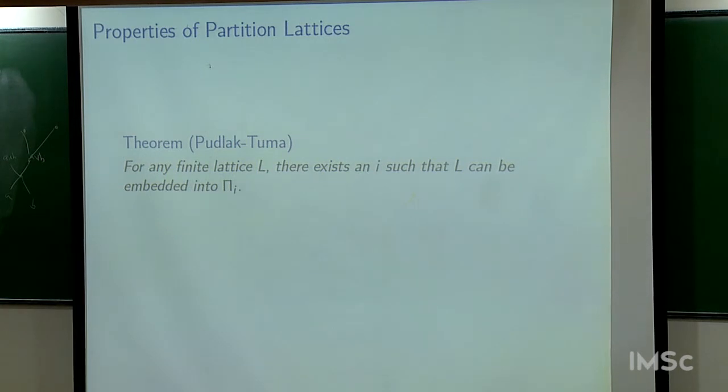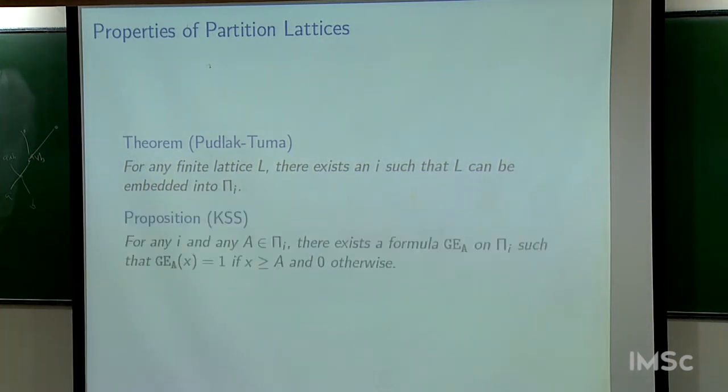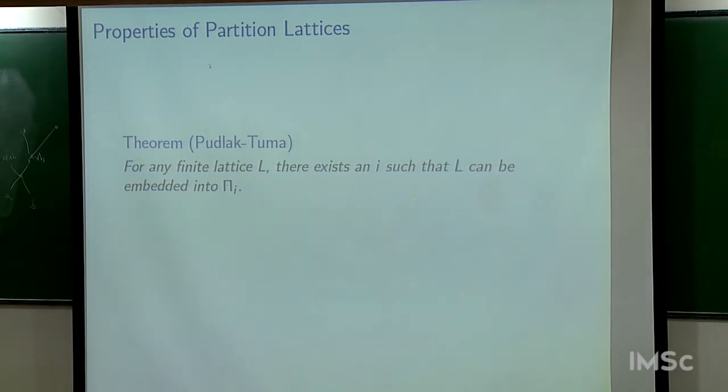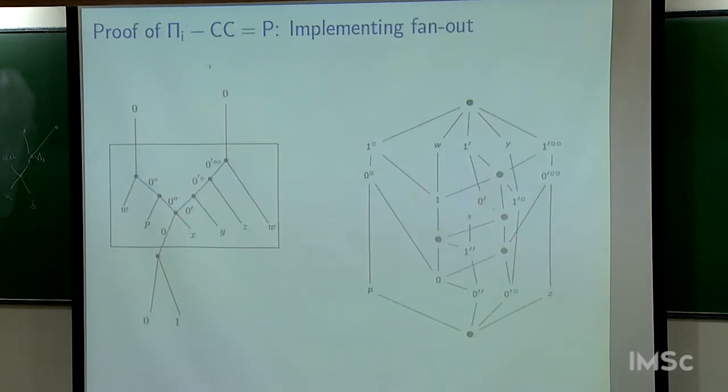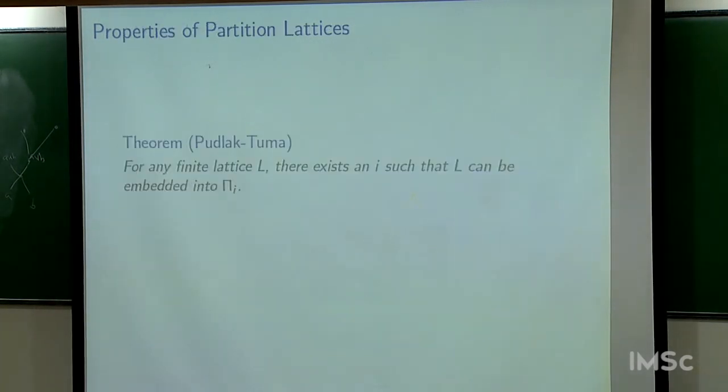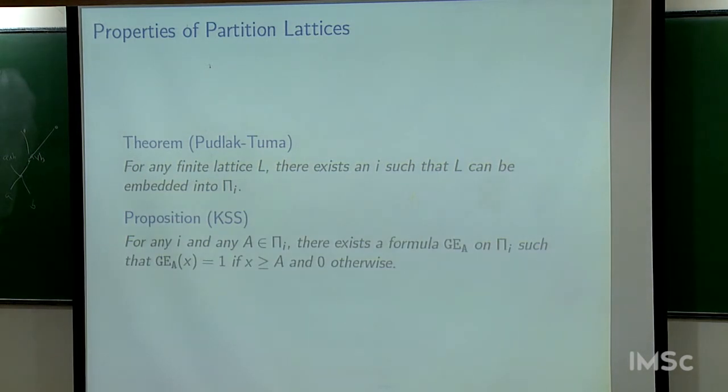This kind of says that the family of partition lattices is universal, right? So what we can do is embed our finite lattice into some partition lattice, and we can build our comparator circuit over it. Right, and then we can apply this theorem.